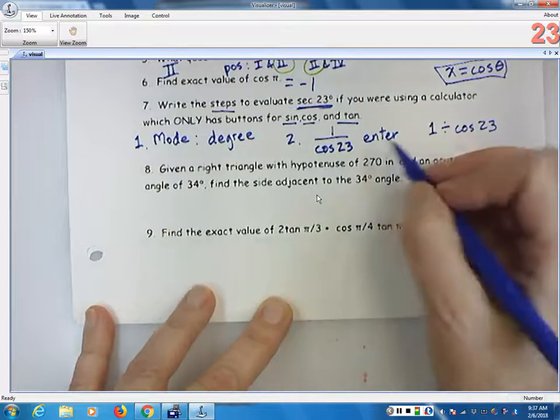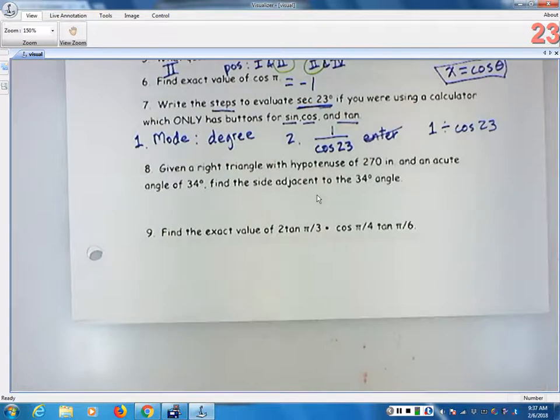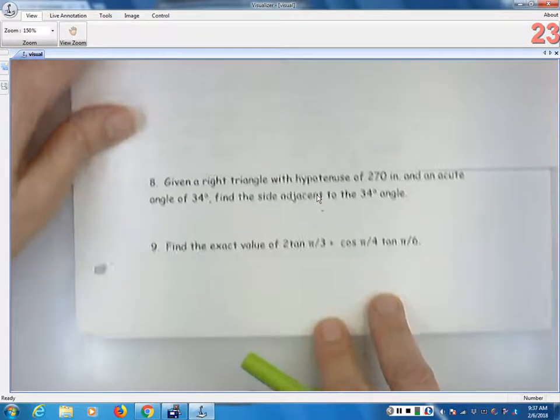Anything like that, you don't even have to say enter if you don't want. All right, and then the next one, we've got a right triangle with a hypotenuse of 270 inches. Okay, so this is number 8.